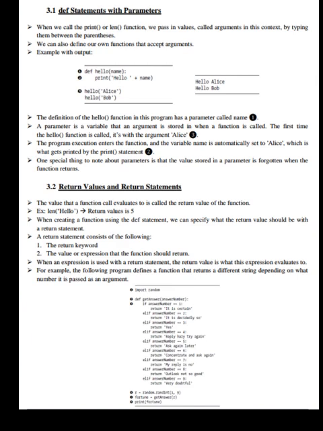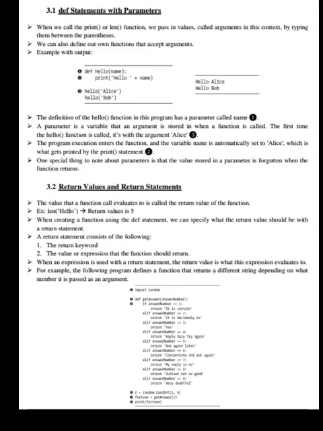The value that a function call evaluates to is called the return value of the function. Example, len of hello returns the value 5. When creating a function using the def statement, we can specify what the return value should be with a return statement.